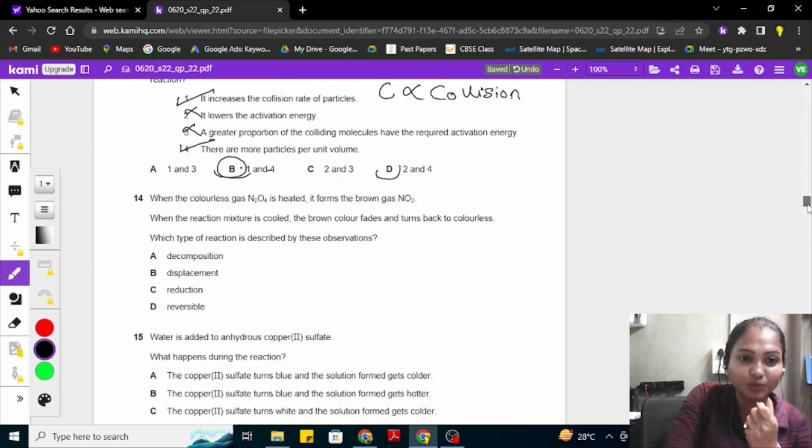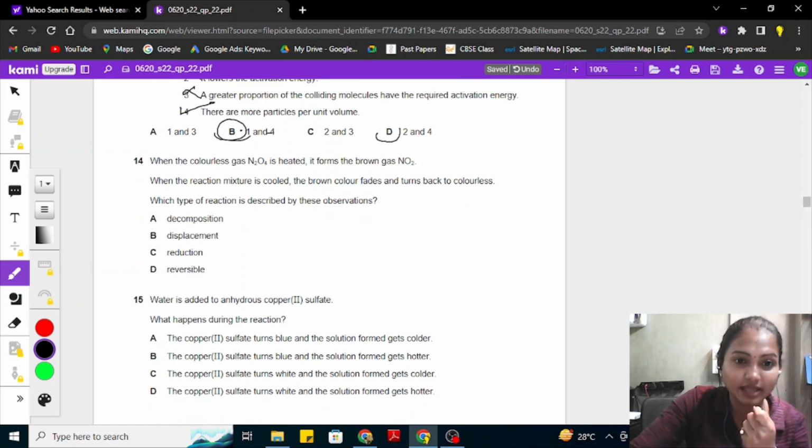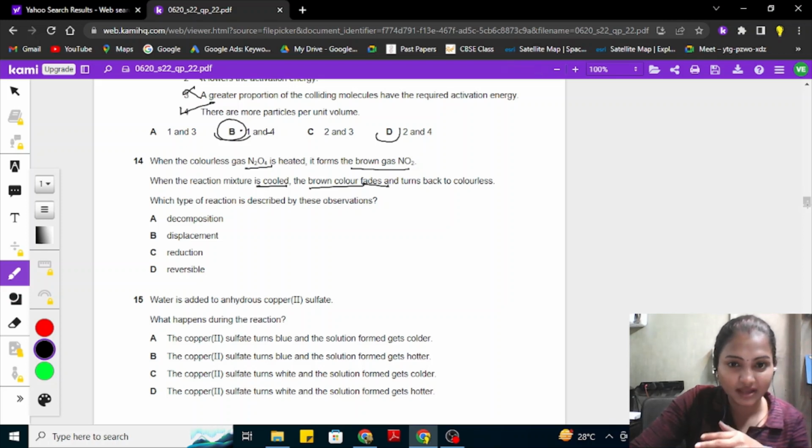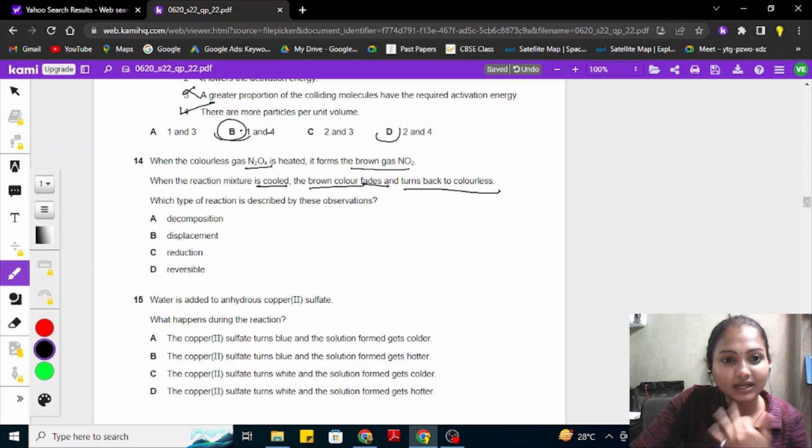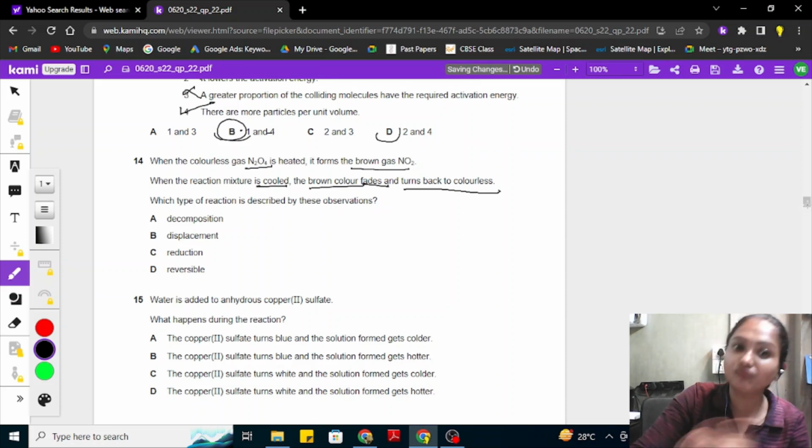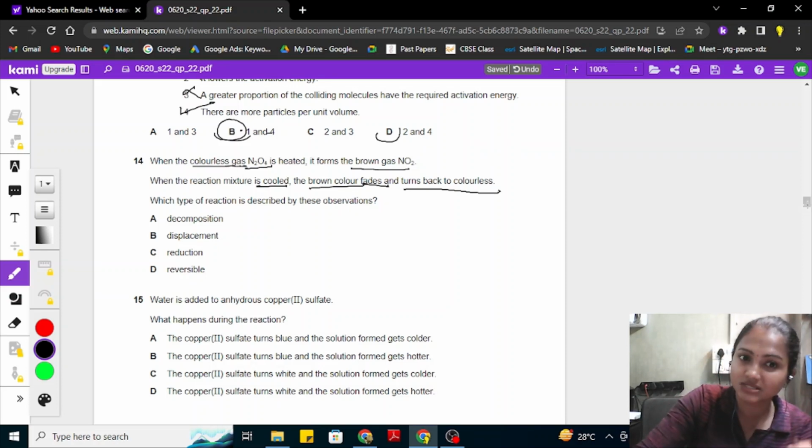Moving to the 14th question, when the colorless gas N2O4 is heated, it forms a brown gas which is NO2. Okay, nitrogen dioxide gas is formed. When the reaction mixture is cooled down, the brown gas fades away. Nitrogen dioxide gas fades away and it turns back to colorless, which means it is again forming N2O4, which was a colorless gas.